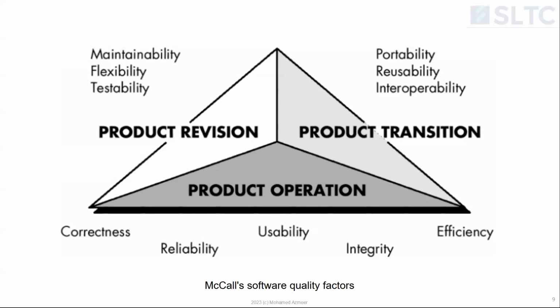Now, if you take product revision, for example, maintainability, flexibility, and testability. So now if you take one of those, let's say testability, right? You can have a number there, say 1 to 10. And then you can grade your software according to that number.